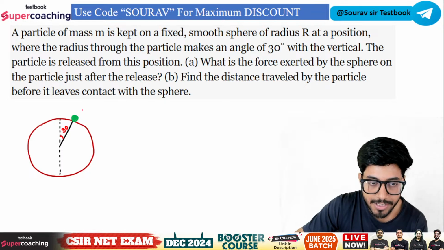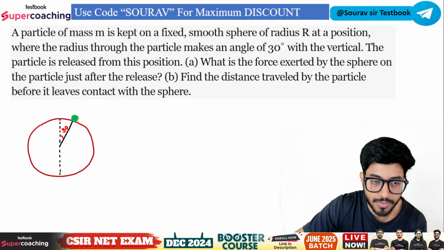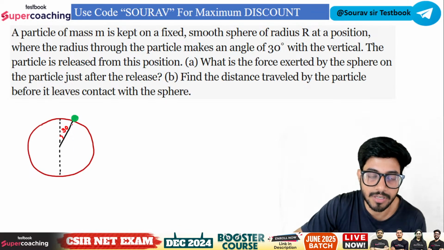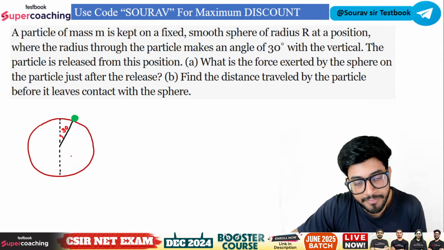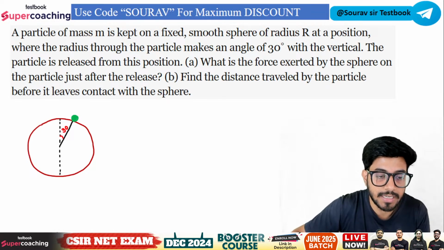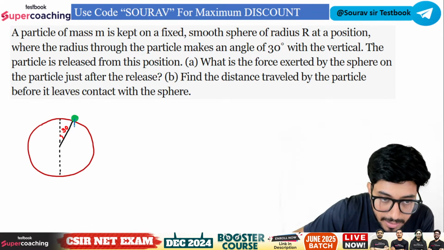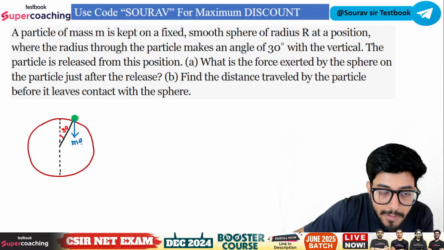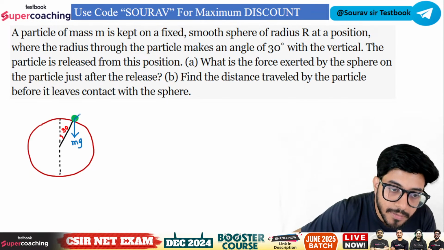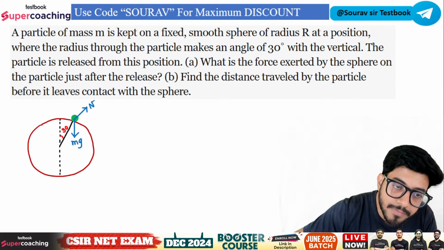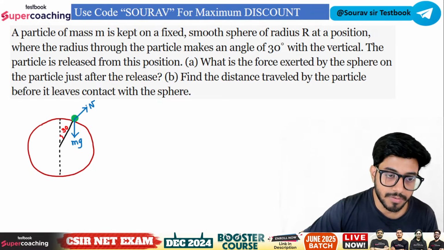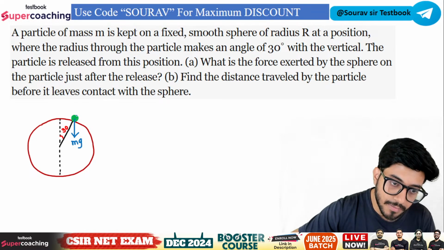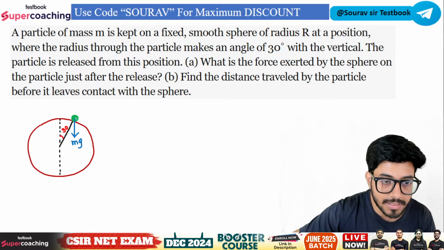I can see there is a normal reaction. I can see there is an mg which can be resolved into two components, mg cos and mg sin. So mg is acting along this direction, and normal reaction should act along this direction, on the same line.